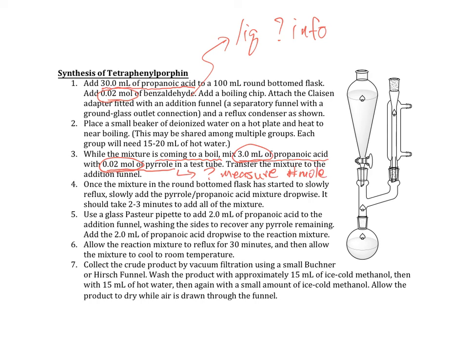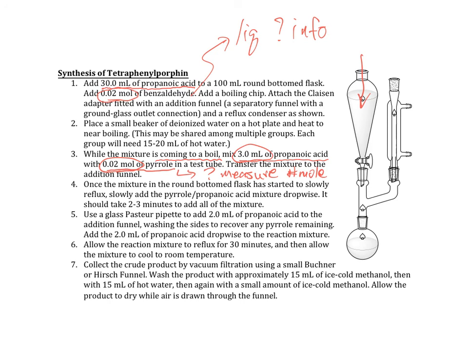If it's liquid, you want to convert it to milliliters. If it's solid, you want to convert it to grams, right? What is the most effective way of measuring that? So, we're going to do additions, again, through our separatory/addition funnel, and then we will isolate the crude product in a fairly straightforward manner.